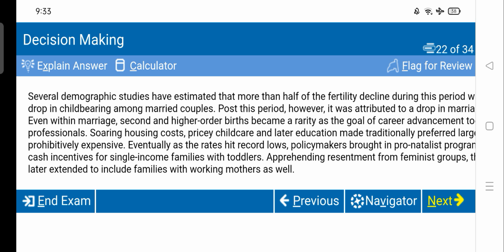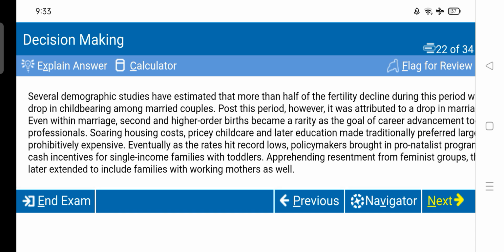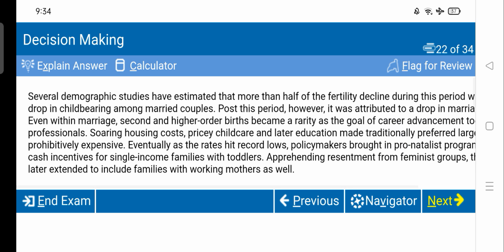Post this period, however, it was attributed to a drop in marriage rates itself. Even within marriage, second and higher order births became a rarity as the goal of career advancement took over young professionals.